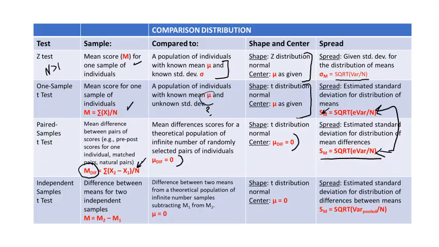And now in the independent samples t-test, the mean is going to be mean 1 minus mean 2. So we're going to calculate the means for both samples and calculate the difference. All right. And the center, we're going to use the t-distribution. We're going to use mu equals 0. It's not mu diff anymore because it's those difference between means. This just means in the null population, there's no difference between the two means. And we're going to calculate or estimate the variance based on this sort of lengthier formula, the square root of variance pooled divided by n.